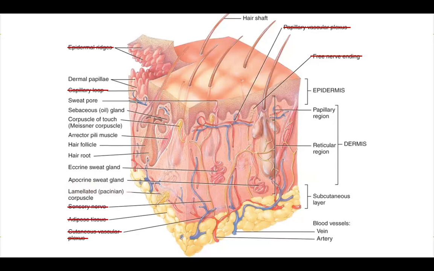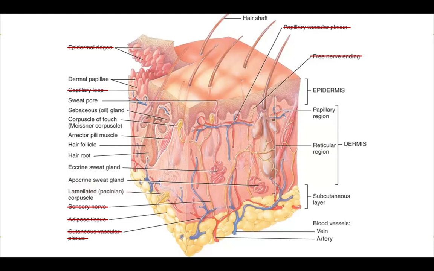Okay, now the fingerprint is really made of the epidermal ridges, but the dermal papillae with those dermal ridges kind of play into the creation of fingerprints.